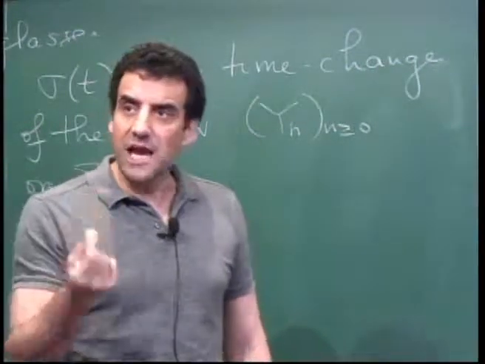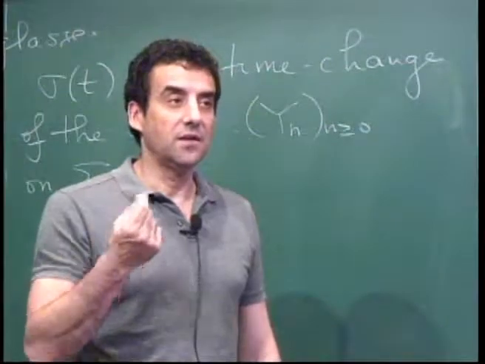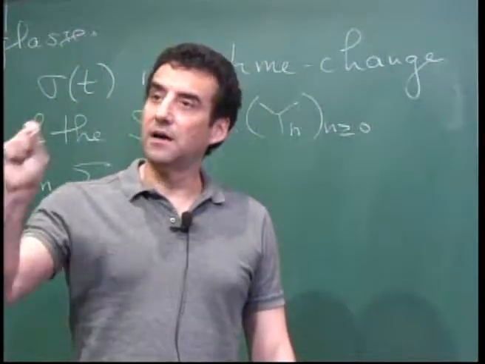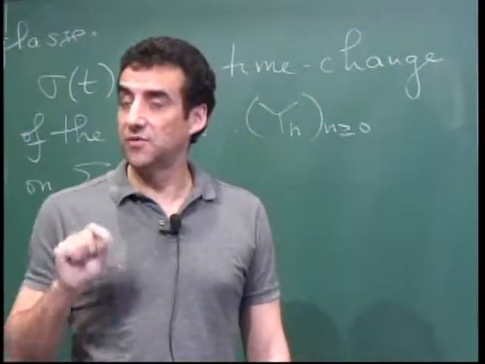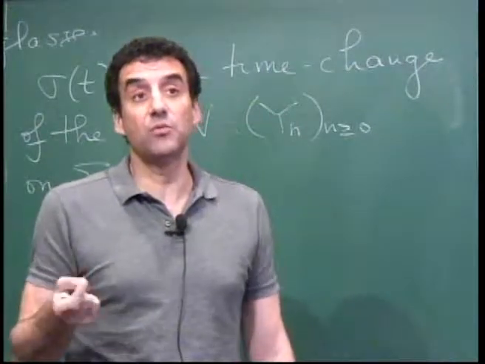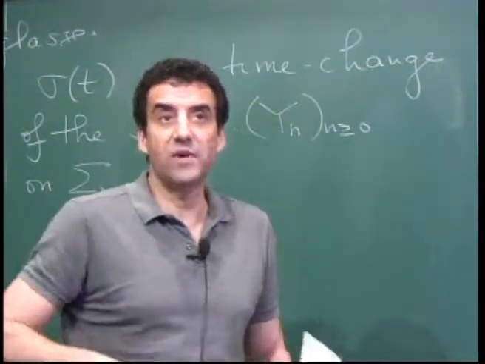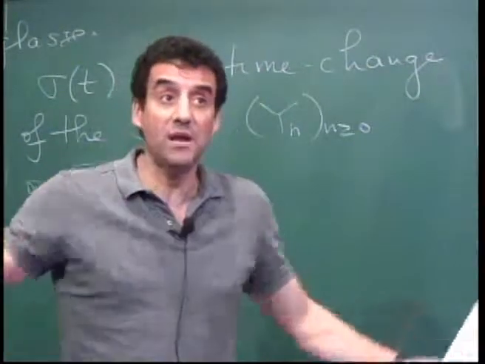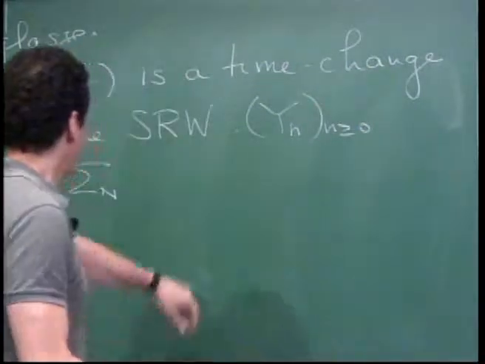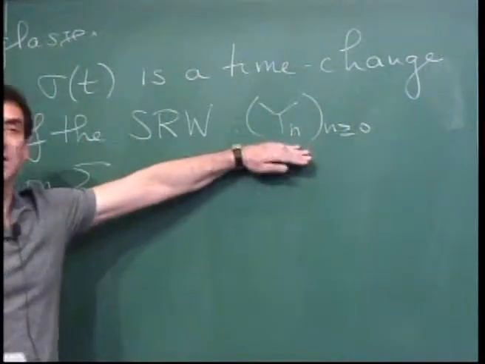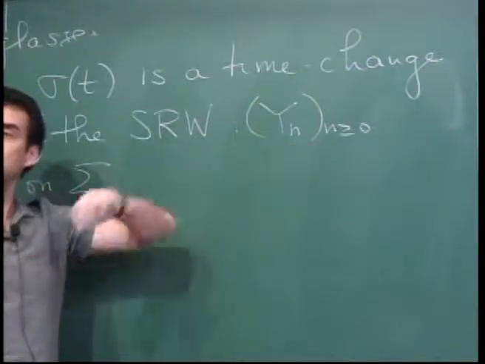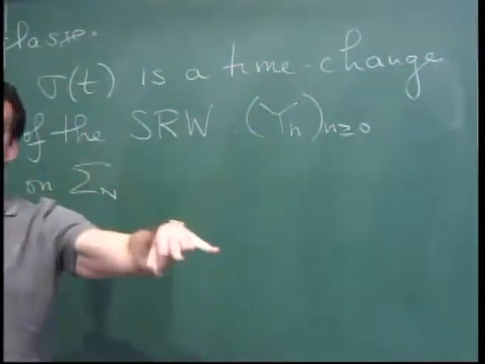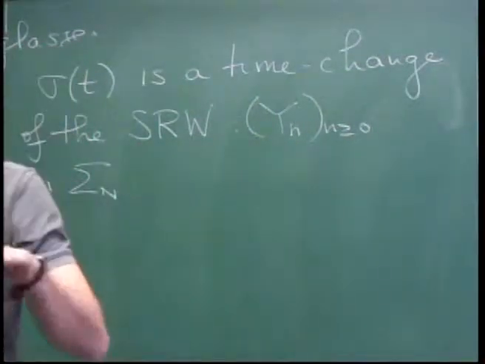If you forget the time you spend, and you just look at the list of the locations you visit, it's of course simply a random walk, because every spatial movement is just chosen randomly. So this random walk is what we call the embedded random walk. It's the standard random walk, where you move in discrete time from one point to its neighbor.